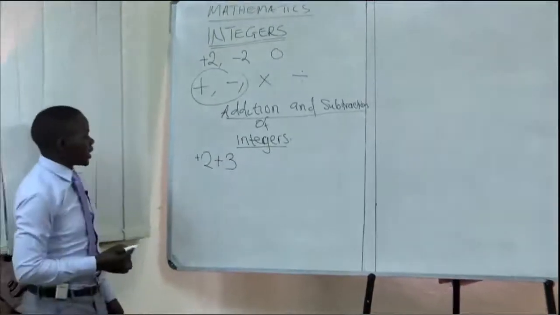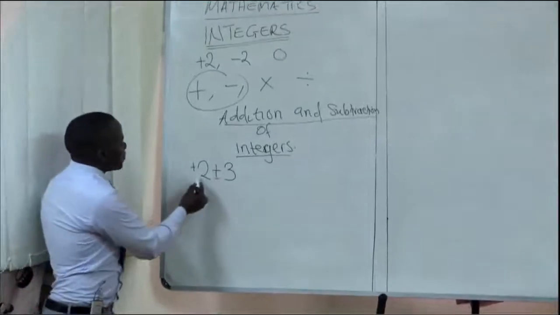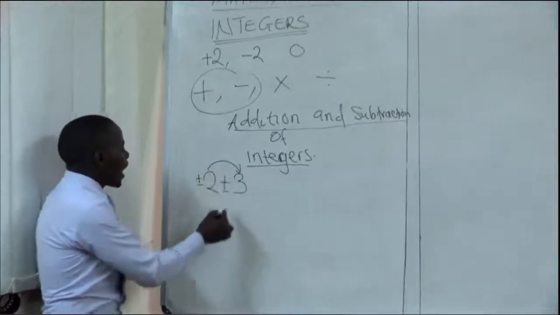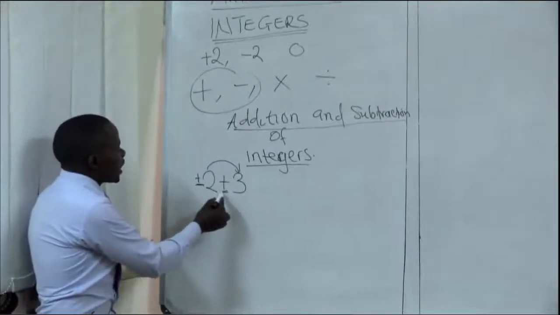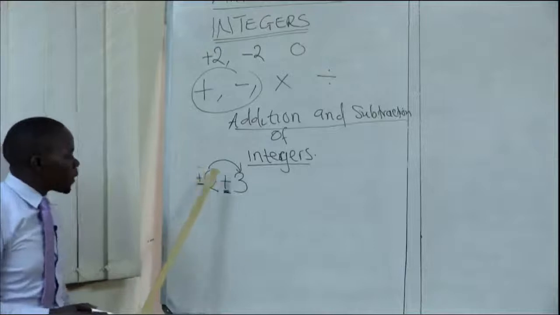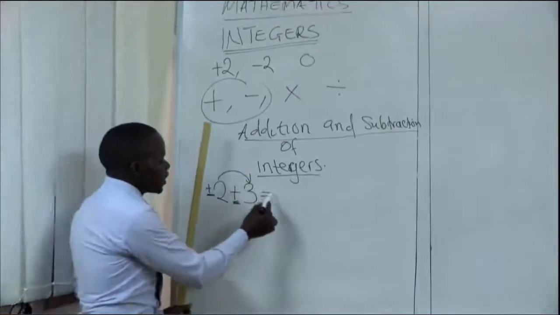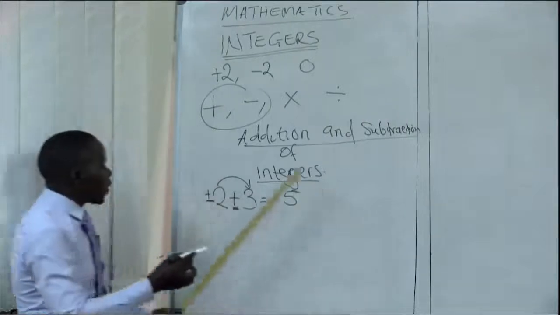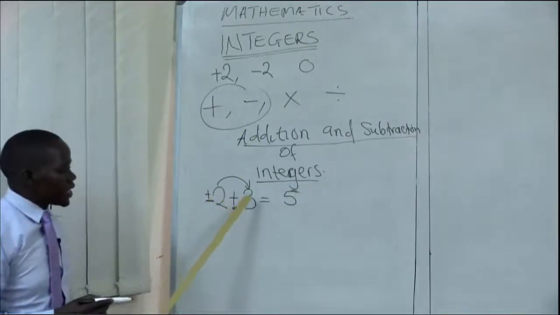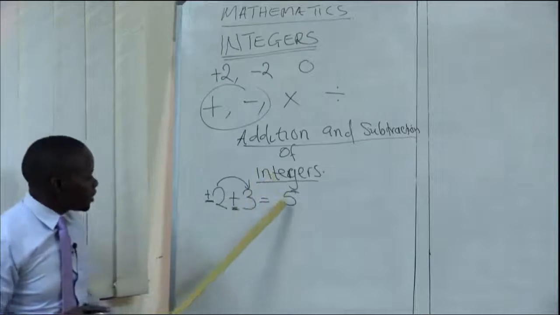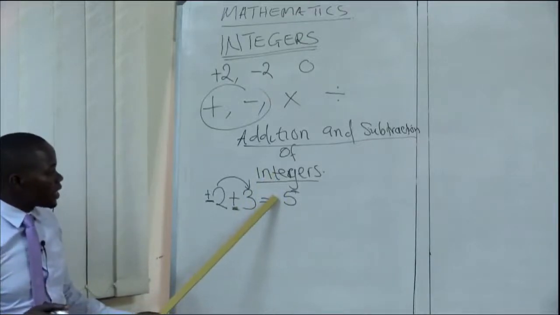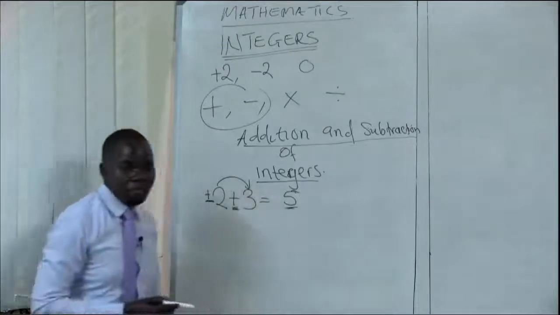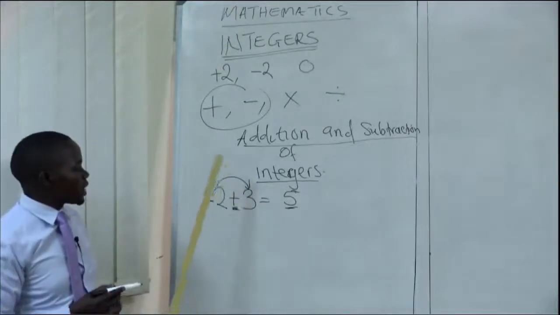Since you have got the same sign here, you have to add these 2 numbers and carry the same sign. So when you add 2 plus 3, what do you get? You get 5. And you have to maintain the same sign. Remember, when you have written 5 without putting any sign here, just know that this number is positive. This is what rule number 1 says.